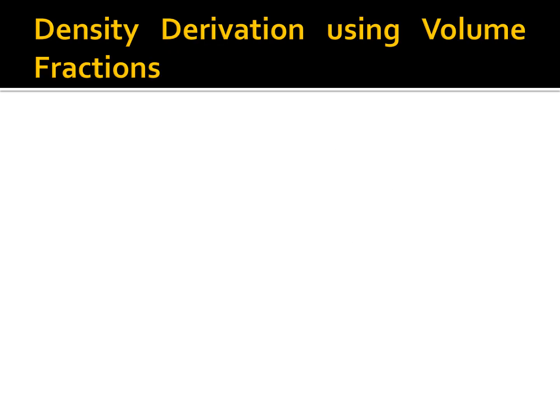Let's go and find the derivation for density using fiber volume fractions and matrix volume fractions. So we know that the mass of the composite is the same as the mass of the fiber plus the mass of the matrix. We also know that density is mass over volume, right?